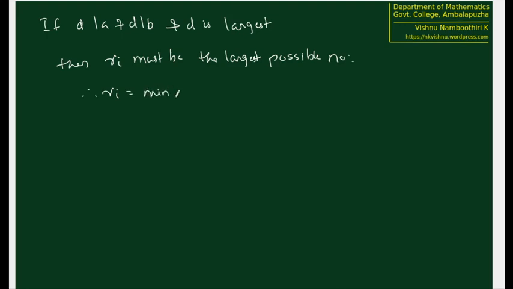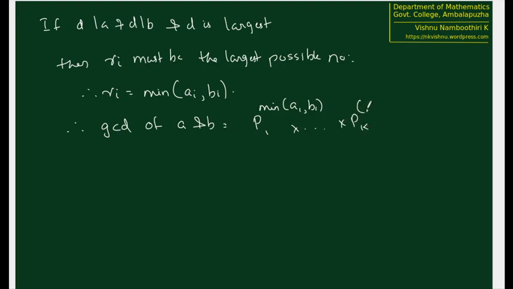So the largest value is therefore equal to the minimum of Ai, Bi. Therefore GCD of A and B is equal to P1 raised to the minimum of A1, B1, into etc. into Pk raised to the minimum of Ak, Bk.